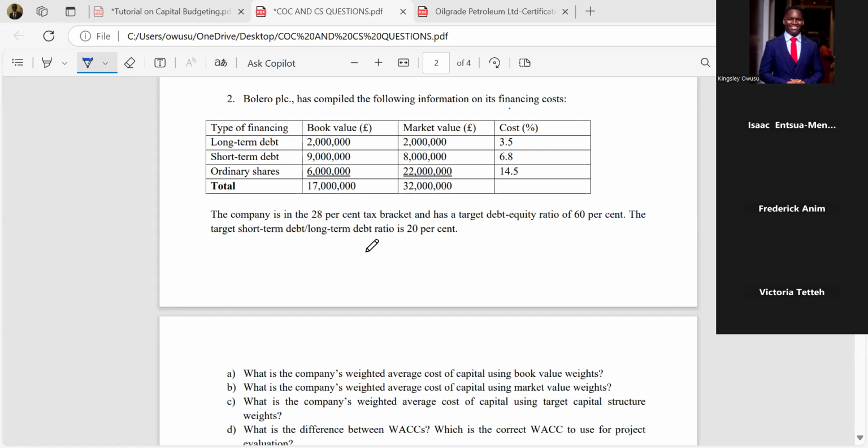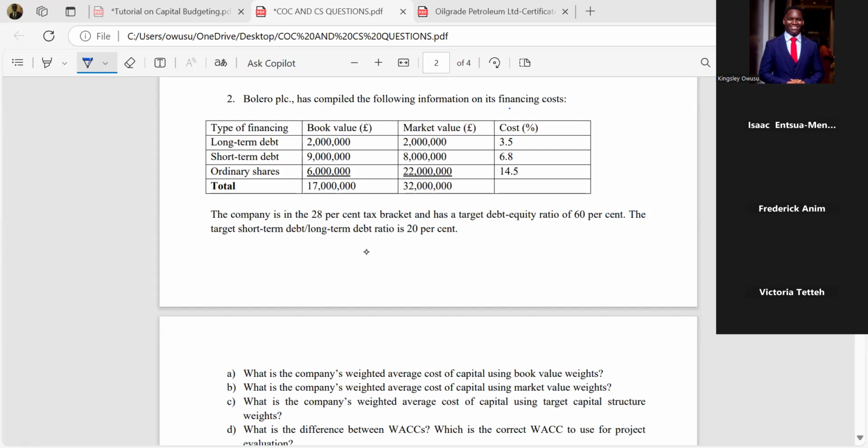So this is very easy and simple. If you have to calculate WACC using the book value weight, see the second column after type of financing is the book values. So that's what we're going to use. If it's market value weight, we use the third column.